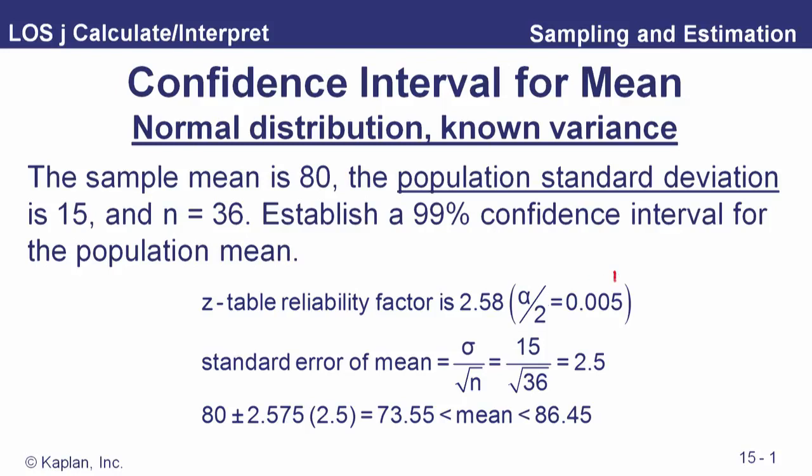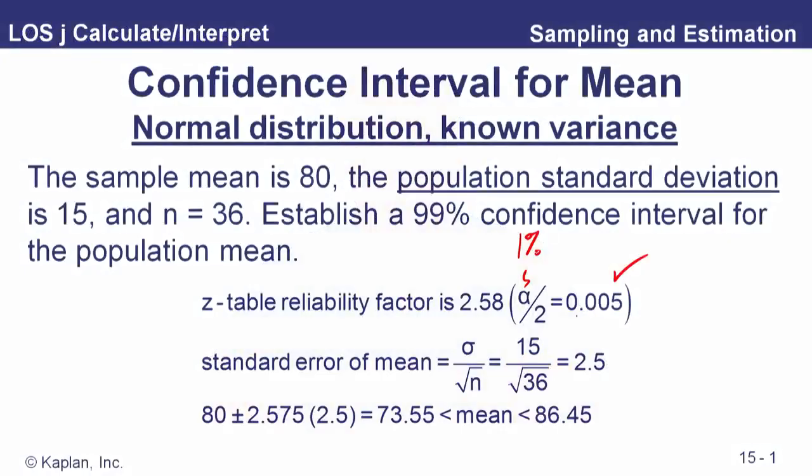And what this notation means here is this alpha, which is 1%, right? If we've got a 99% confidence interval, then what's outside of that? Well, 1% is outside of 99%, and if we divide that by 2, that's the probability in each tail outside this confidence interval.